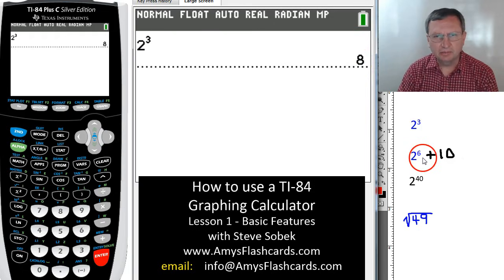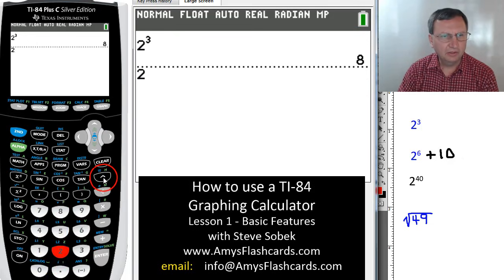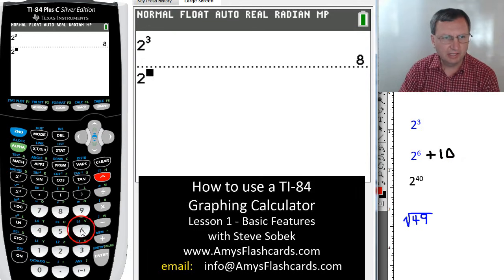2 raised to the 6th power, well, we don't have any buttons, or even in the math menu, we don't see raised to the 6th power, so we're going to have to do something a little bit different here. Let's type in 2, and this little caret, whatever you want to call it, right above the division sign, below the clear, that is your exponentiation button. That's your raise to the. So you click that one time, and now we could type in the exponent, 6.